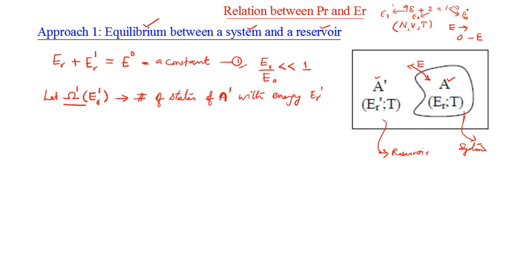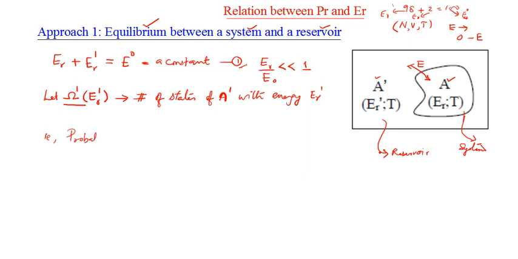Okay, so remember, the greater the number of states accessible to a reservoir with energy ER prime, the larger will be the probability of the reservoir attaining that particular energy ER prime. Or correspondingly, the system attaining the energy ER. Now that I can say is the probability.